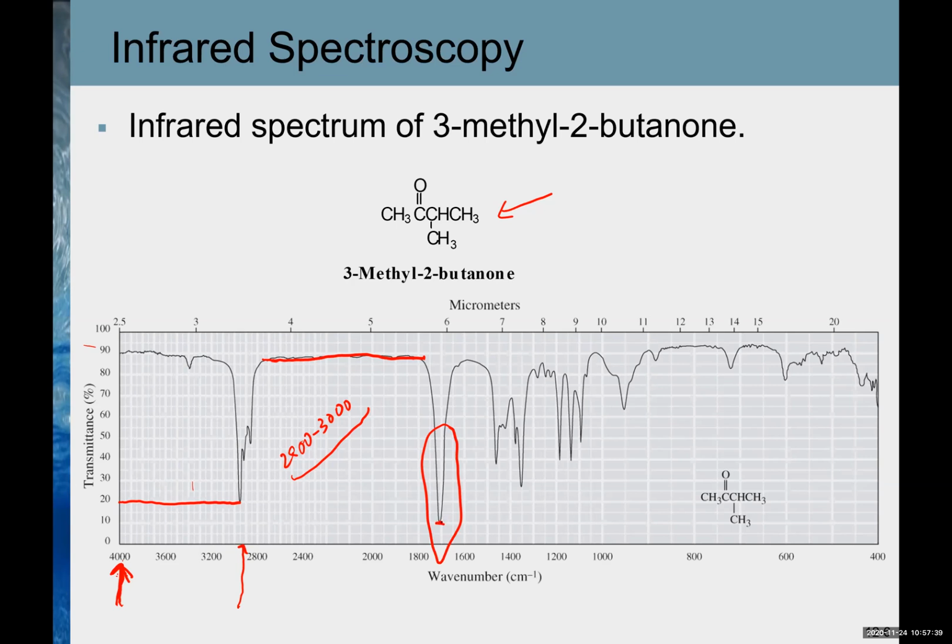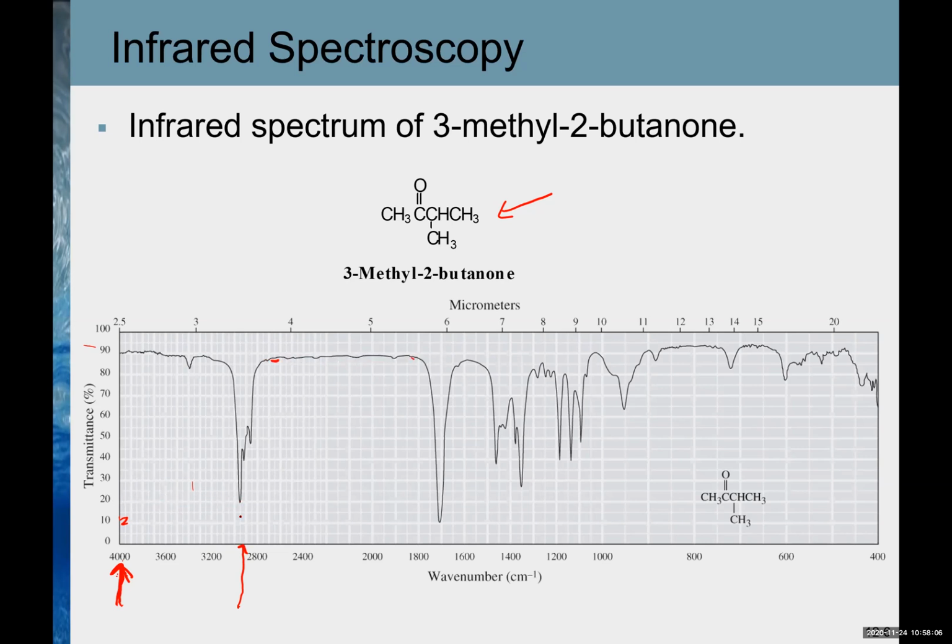So only this much light is being transmitted. It means 90% is absorbed, only 10% is allowed to transmit. So whatever is absorbing, that's a strong absorption signal. So very little transmitted, and so on. And then the rest of the absorption peaks are there. So that's what an infrared plot looks like.